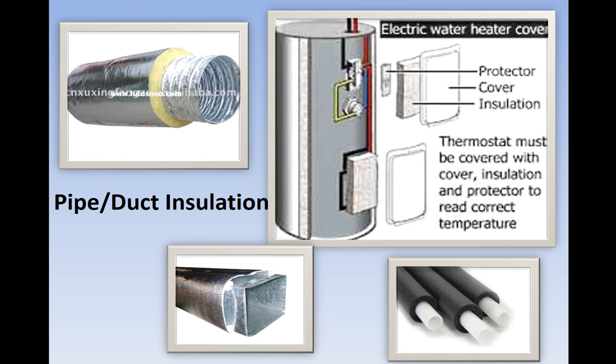A big area where we lose a lot of our heat or energy is in our pipes and ducts. So I've got a few different pictures I want to explain here. Obviously, this is a really easy do-it-yourself job. If you've got a ranch, single-story home with a basement, you've got good access to all of your ductwork.